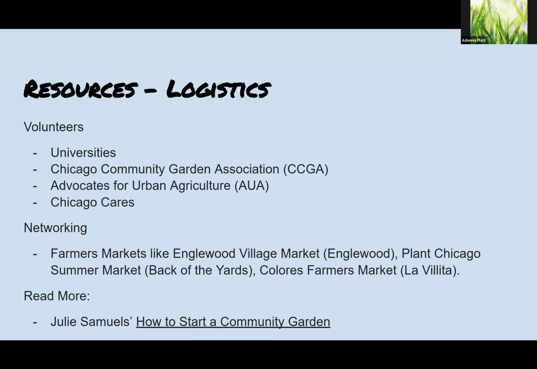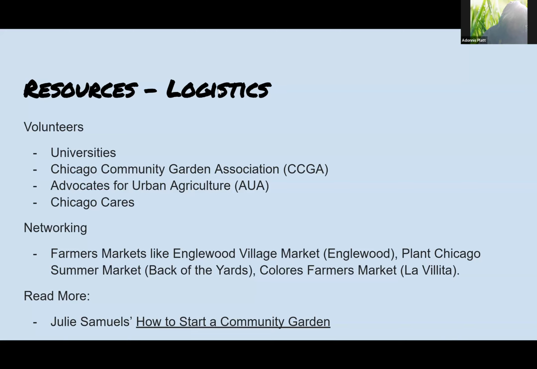So tap into universities near you. Chicago Community Garden Association, Advocates for Urban Agriculture, and Chicago Cares. These are all great ways for you to get outreach to the events that you're looking for. Networking, visiting farmers markets across the city, to tap in with the growers to bring knowledge to your base.